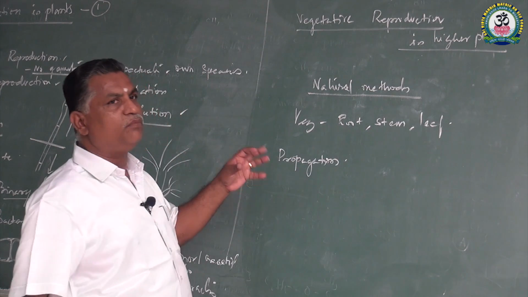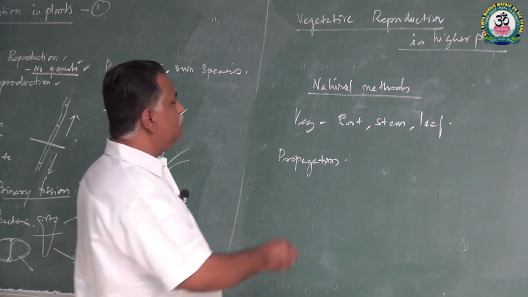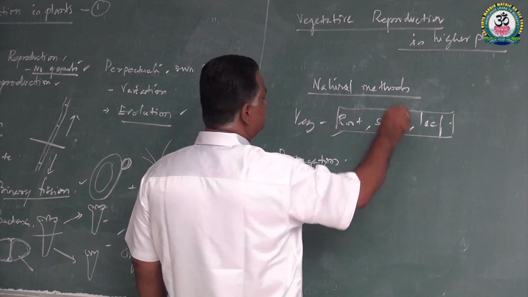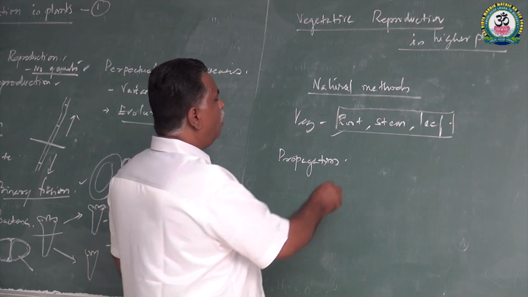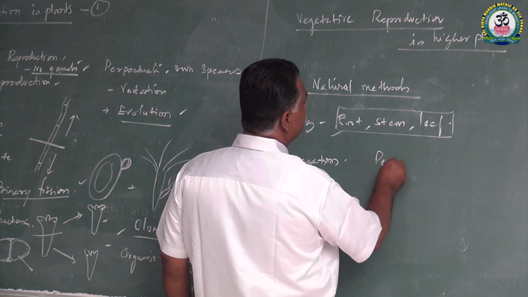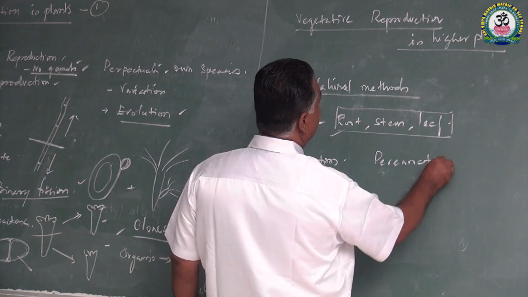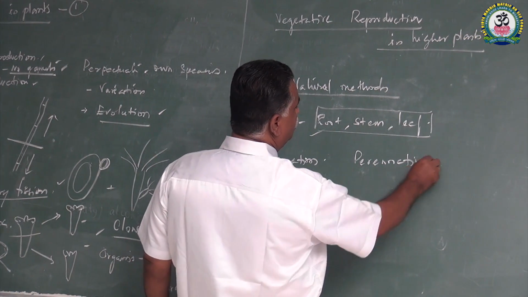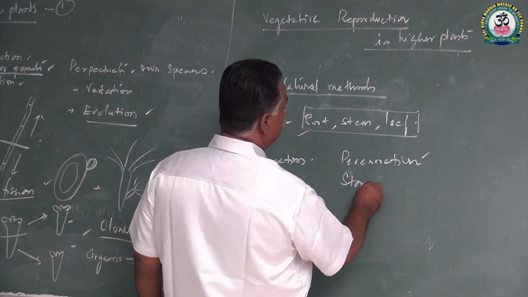So this is a kind of adaptation found in higher plants. Usually the root, stem and leaf of higher plants are meant for perennation and also storage.